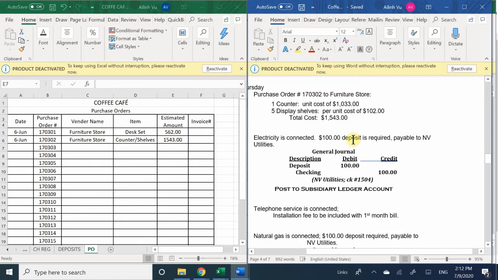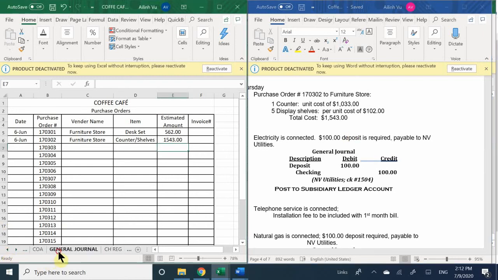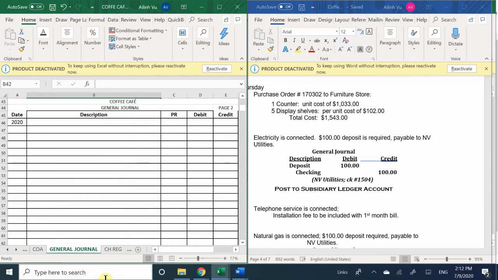Now the next thing we're going to look at, let's go back to our journal. The next thing is that electricity is connected. A $100 deposit is required, payable to Nevada Utilities.